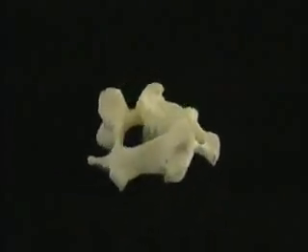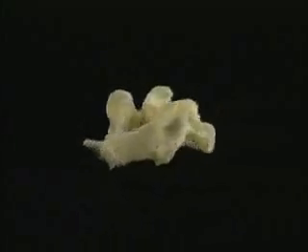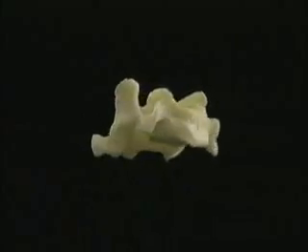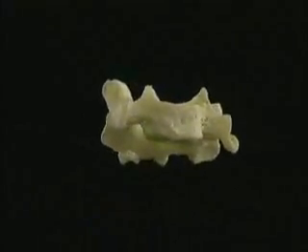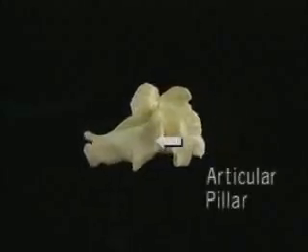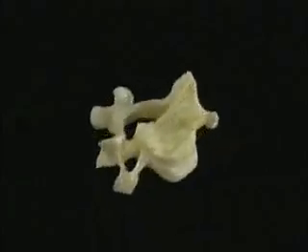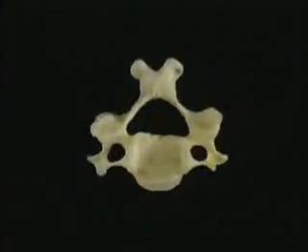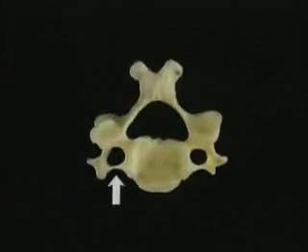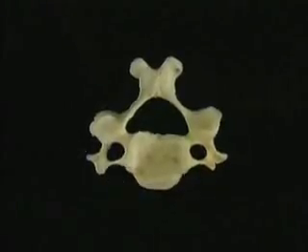The upper articular facets face upward and inward. The lower ones face downward and forward. The mass of bone between the articular facets is called the articular pillar. The transverse processes arise from the side of the body and also from here on the articular pillar.